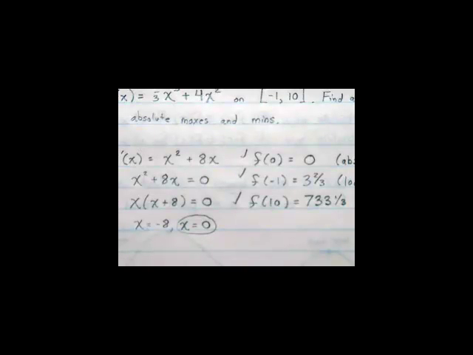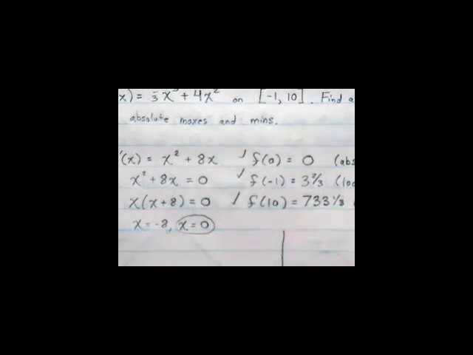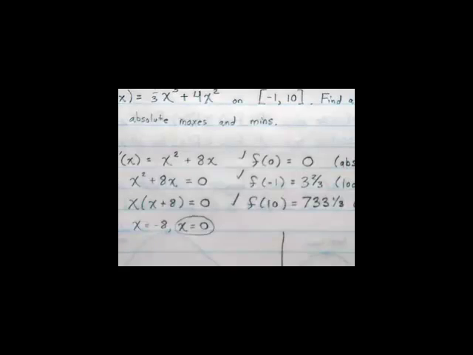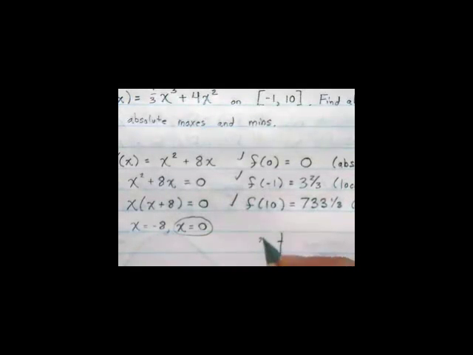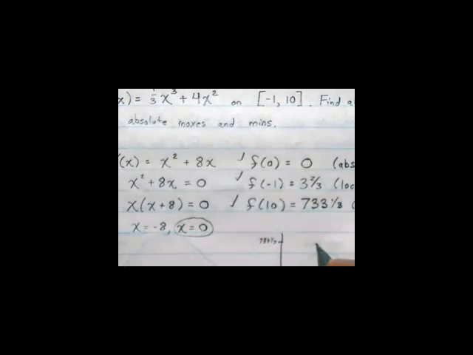Now, if you have a hard time seeing why it's local or absolute, like I said before, you can sketch it. I know the numbers are super huge, but you can still get a sense of where they are relative to one another. When x is equal to 0, we're at 0. When we're at -1, we're up at about 3 2/3. And when we're over at 10, it's up at this 733 business.